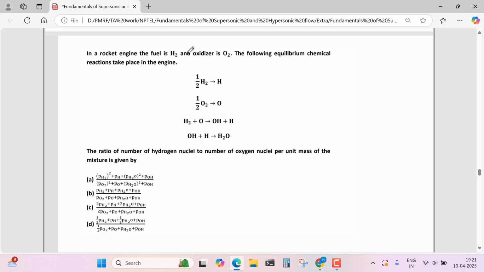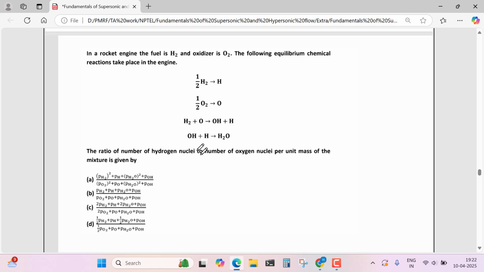Option C, 2pH2 plus pH plus 2pH2O plus pOH upon 2pO2 plus pO plus pH2O plus pOH. Option D, half pH2 plus pH plus half pH2O plus pOH upon half pO2 plus pO plus pH2O plus pOH.